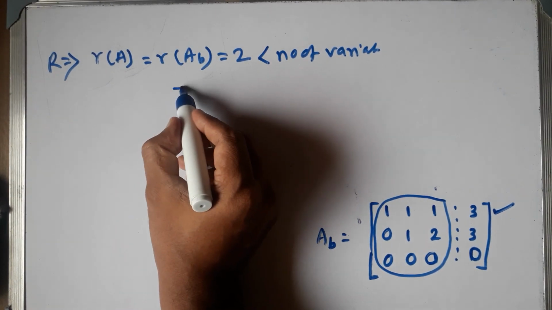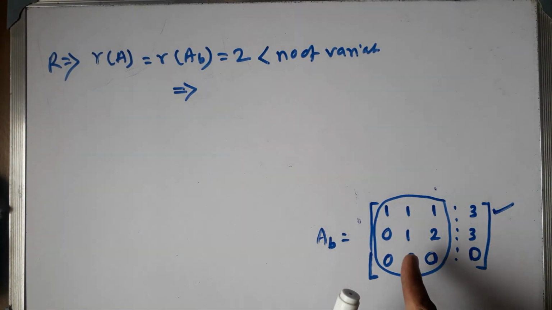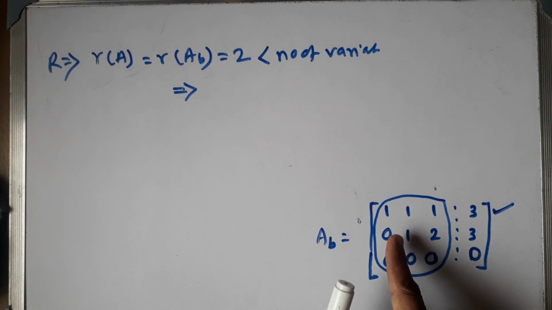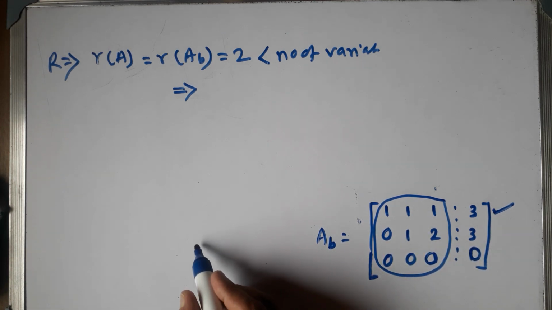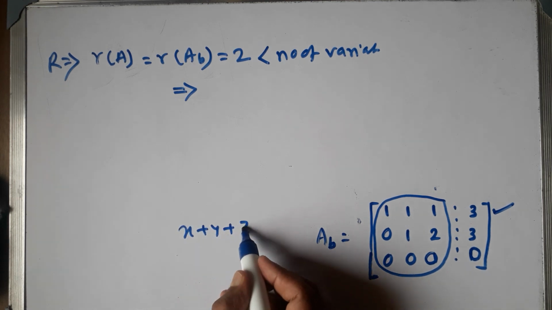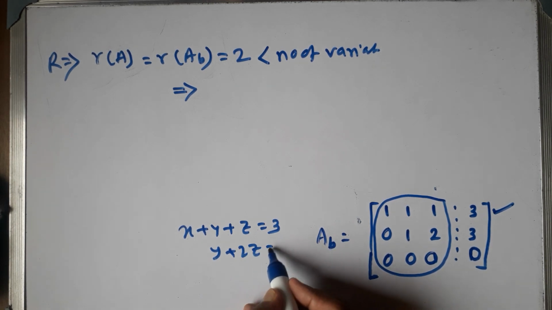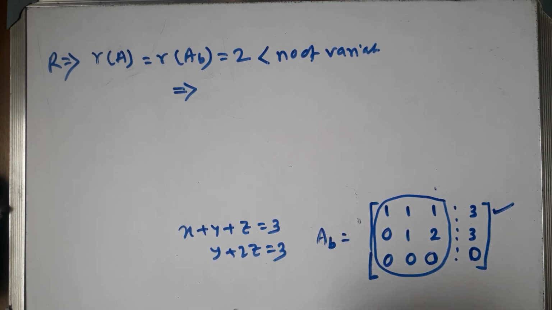Then we will get two equations: x plus y plus z equal to 3 and y plus 2z equal to 3.